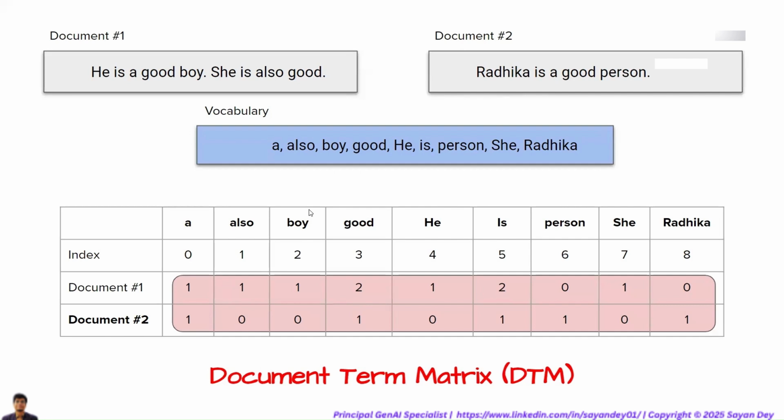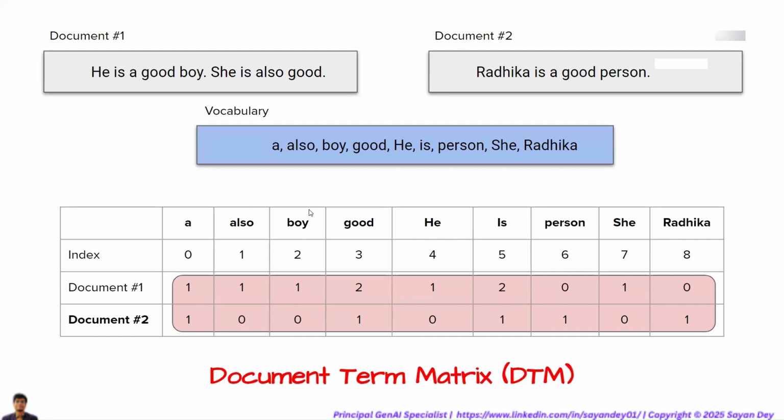And what have we fundamentally achieved at a high level? We started with completely unstructured textual data. Originally, we had completely unstructured textual data. And we have managed to convert the unstructured textual data into a structured numerical form.